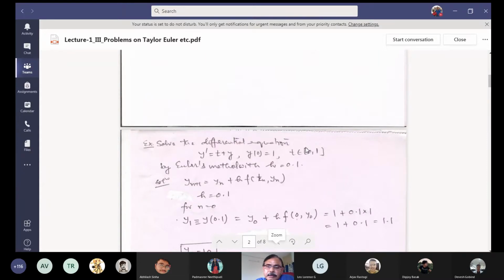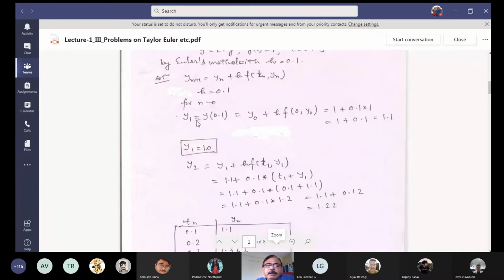So it will be 1. You see here, the next step is given. So y1 is y0 plus h times f at the point x0, y0. Since f is just t plus y, it is 1 plus 0.1 into 1, because t is 0 and y is 1, so it comes only 1.